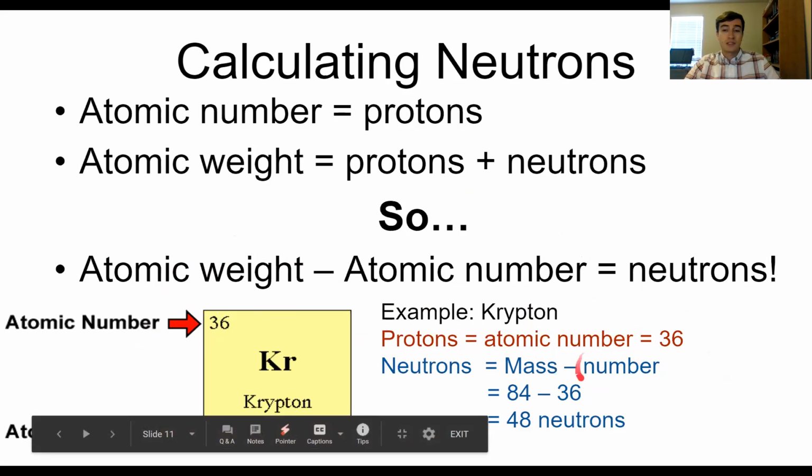So it's mass minus the protons. And we just said that 36 is our proton number. So the atom Krypton has 36 protons and 48 neutrons in each atom, in each nucleus. So we did 84 as the weight minus 36 as the number of protons, and we got 48 neutrons out of that.